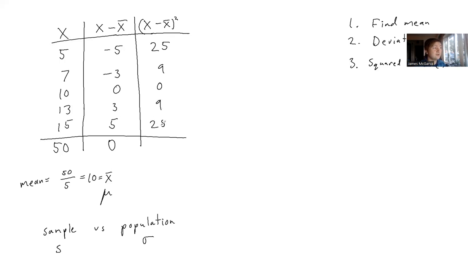5 squared is 25. I want to point out that if you're on your calculator and you type in minus 5 and then hit the squared button, there is a good chance that your calculator will give you a negative 25. That's because your calculator can't tell the difference, based on the way you typed it, of did you mean negative 5 squared like that, or did you mean negative 5 squared like that? And your calculator is very likely to assume that you meant the first one when actually we meant the second one, right?